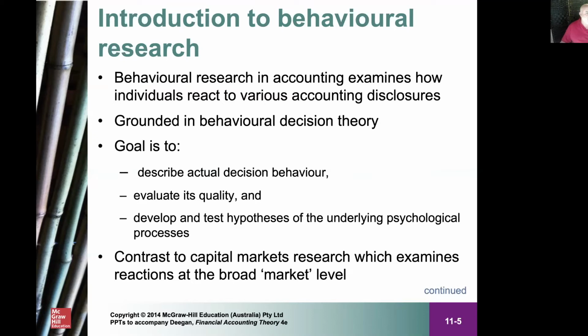Okay, so we're talking about what's happening to the individual, whereas when we look at capital markets and we're looking at the impact on, say, share prices of the disclosure of information, we're looking how the entire market has reacted. So one is quite macro, you could say, and one is quite micro.